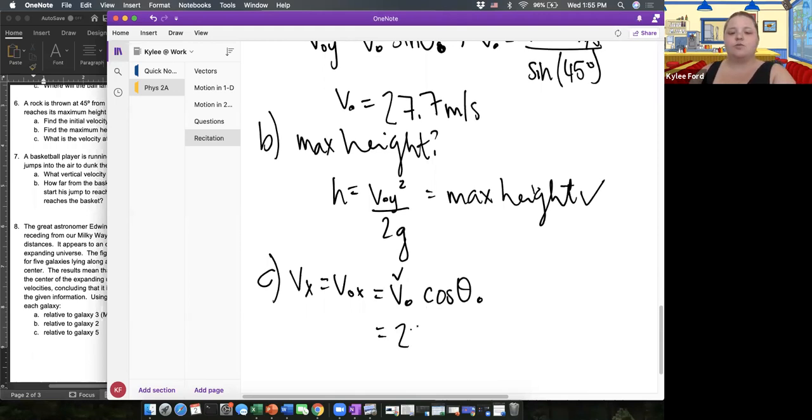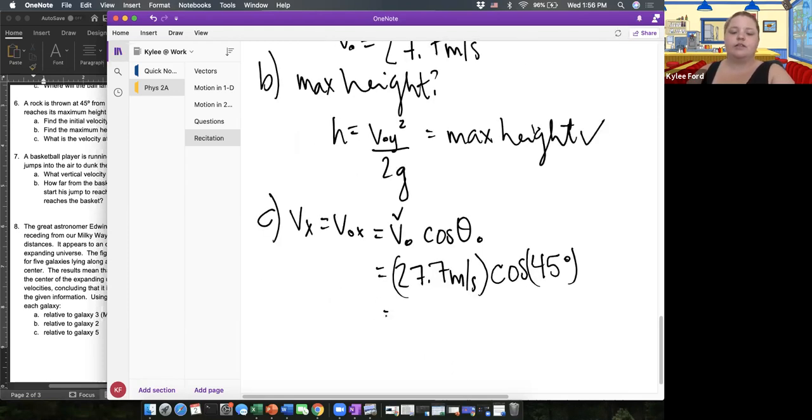So it's going to be 27.7 meters per second times cosine of 45 degrees. Okay, and so then we just get 19.6 meters per second, I believe. Let me double check. Yes. Okay.